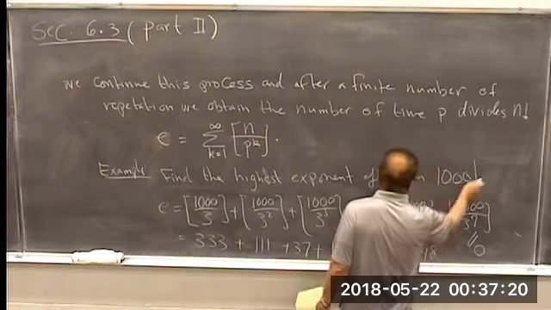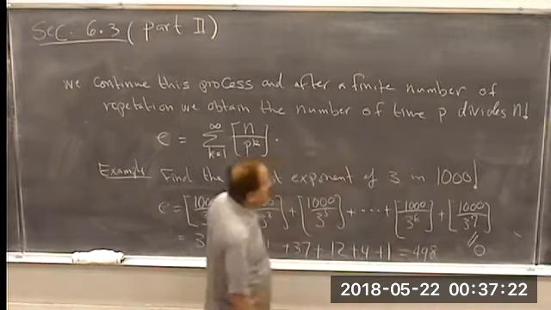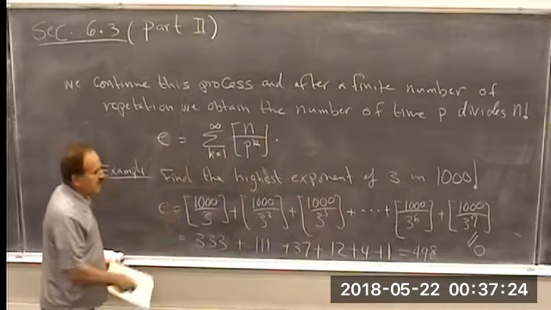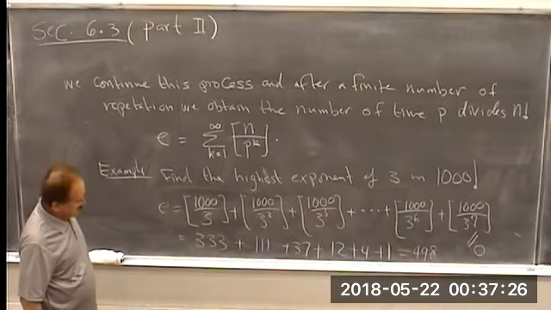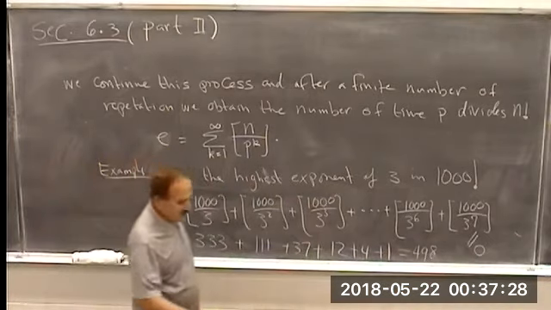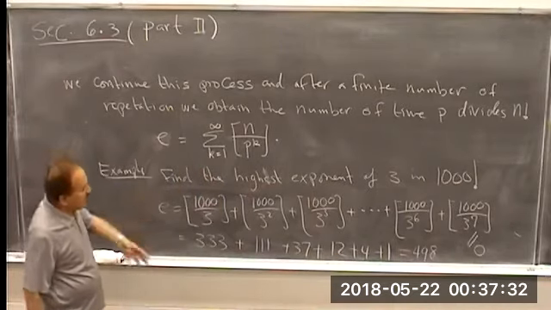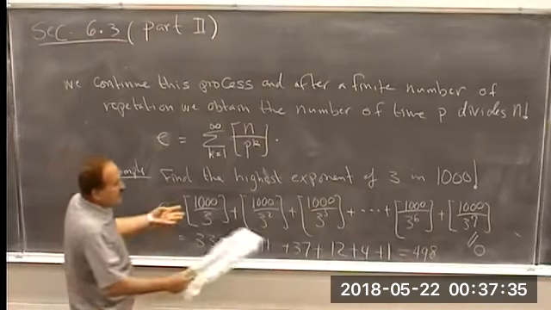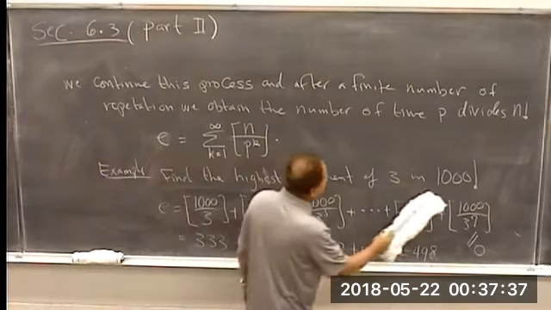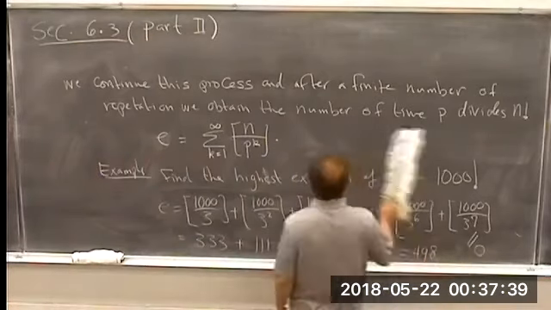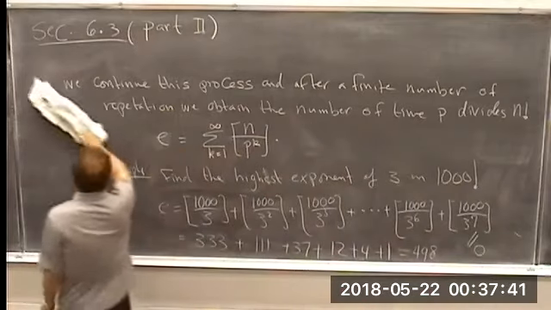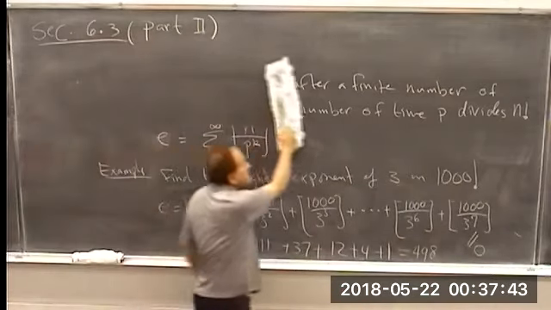So in other words, in 1000 factorial, 3 appears with the exponent 498. That's a very huge number. All right, of course, with the others, the 2 and the 5 and so on. And the primes that are bigger than 1000 all appear with exponent 0. Okay, so this is the highest exponent.